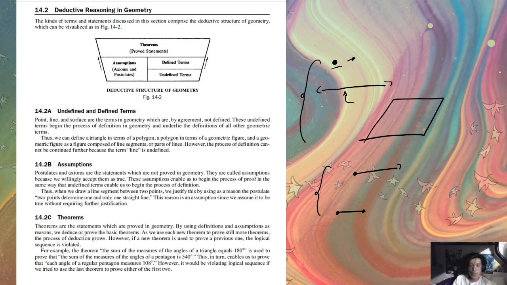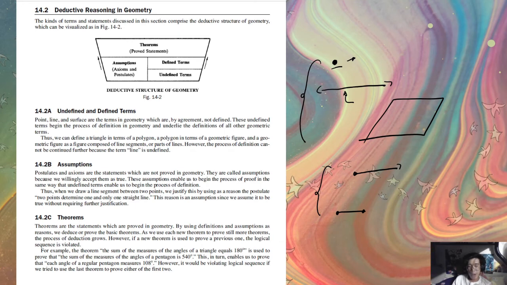By, of course, the underlying postulates and axioms that we will have to figure in our subject. Okay, so thus when we draw a line segment between 2 points, we justify this by using a reason. Okay, the postulate: 2 points determine one and only one straight line. So as we see, the definitions in geometry are very specific.